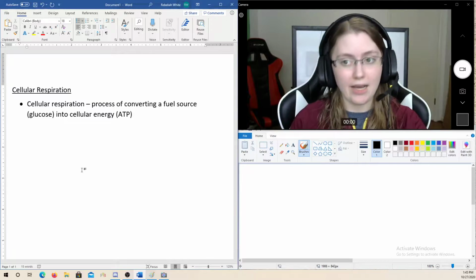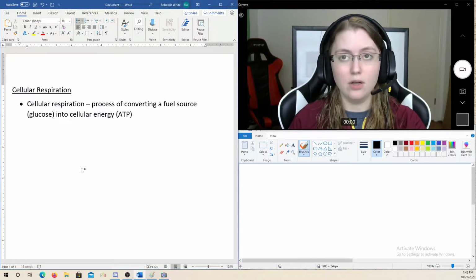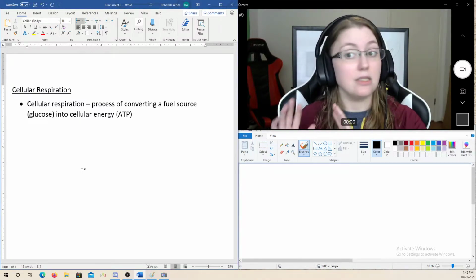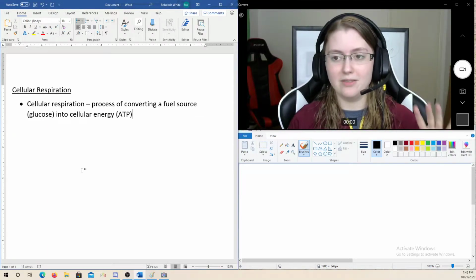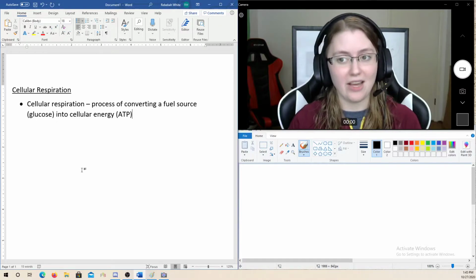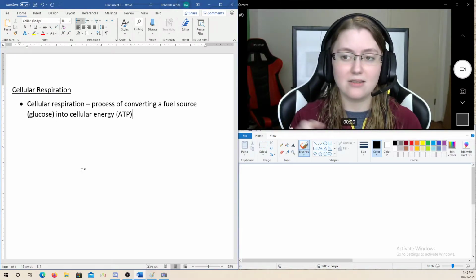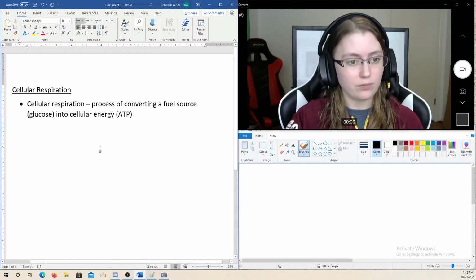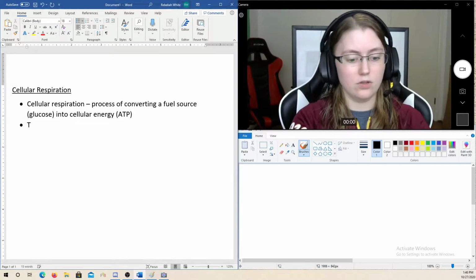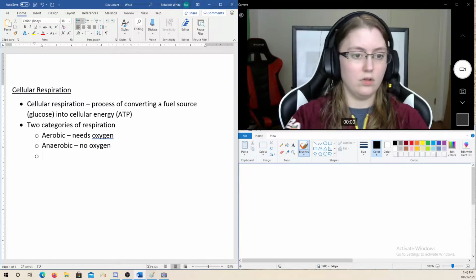Then there's anaerobic respiration, which is the type that does not require oxygen. So aerobic, air, needs oxygen. Anaerobic, that an prefix means not or no. So that means no oxygen.